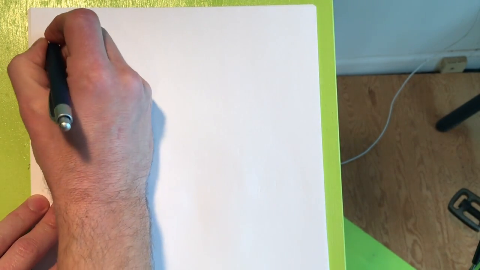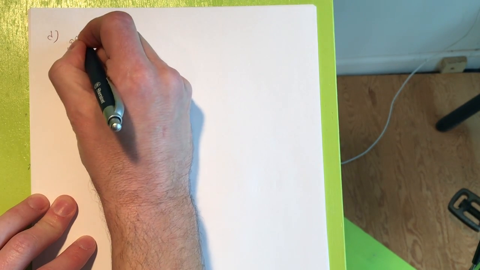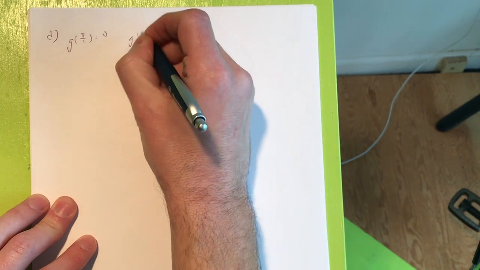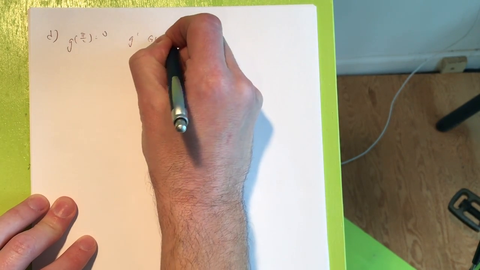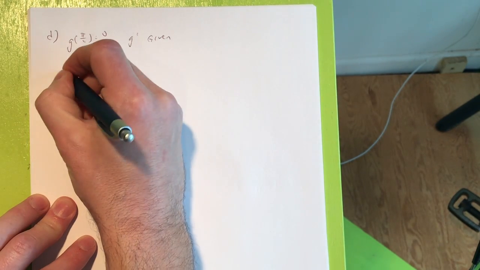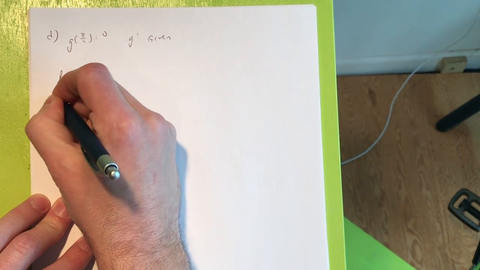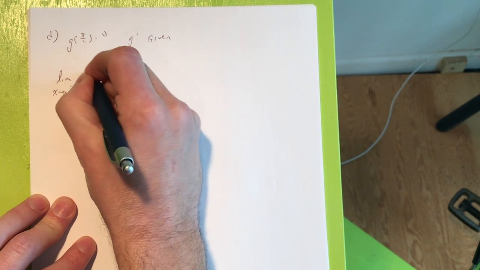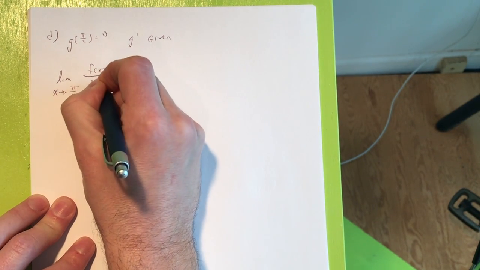And part D. Given that graph in there, haven't read it yet. We're given g of pi over 2 equals 0. We have the graph of g prime given. We want to find the limit as x approaches pi over 2 of f of x over g of x.